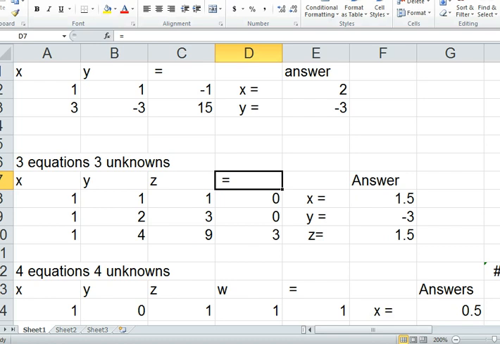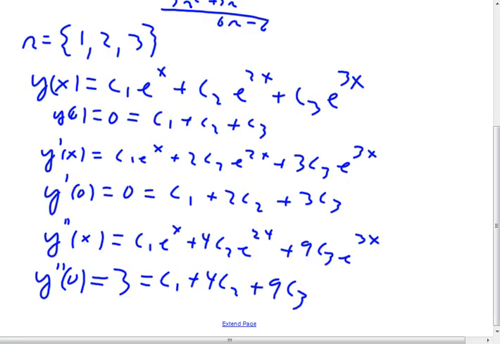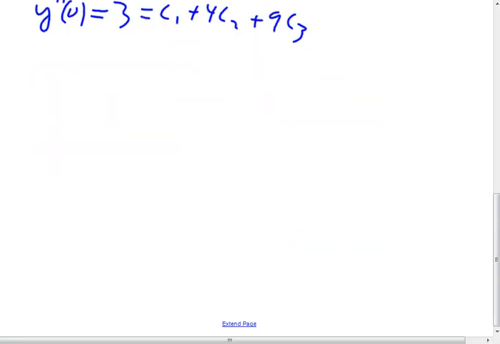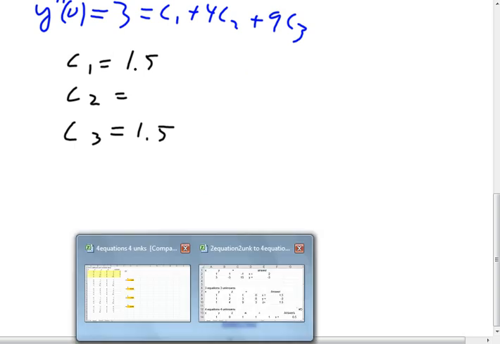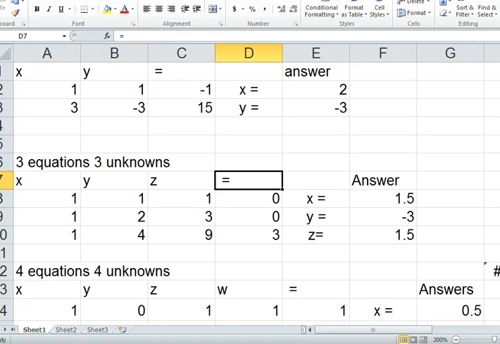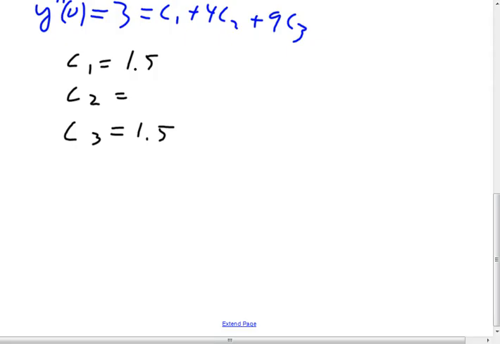And now, if you don't have a graphing calculator, then you'd have to do that by hand. So C1 is 1.5, C2 is minus 3, C3 is 1.5.